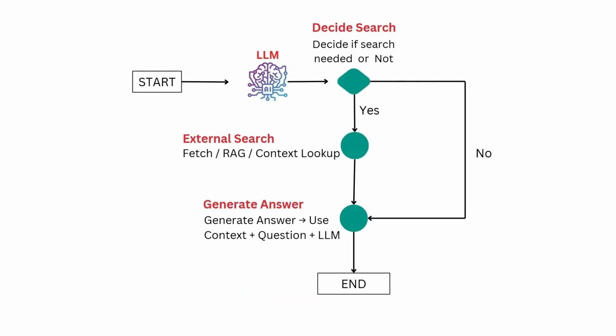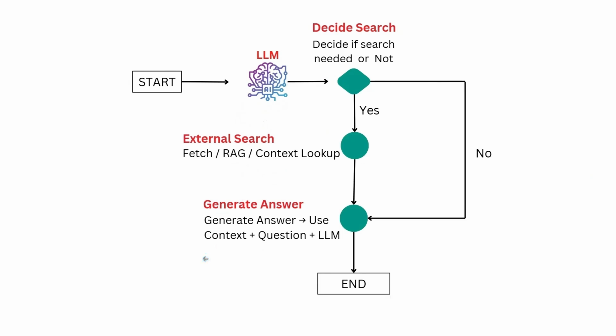There are some must-know concepts. Let's discuss the same one by one. As we are talking about LangGraph, which is nothing but a graph-based framework, and a graph is a collection of nodes. We also call them steps, connected by edges. Decide search, external search, and generate answer are steps here.